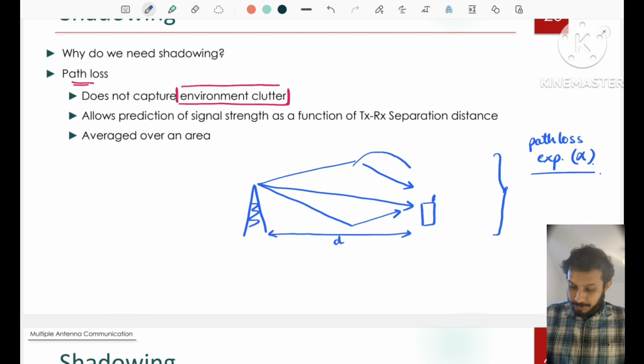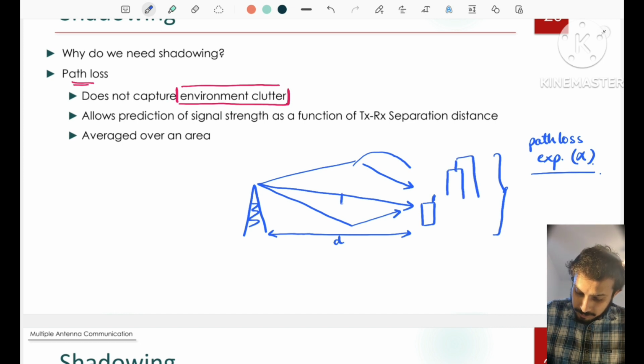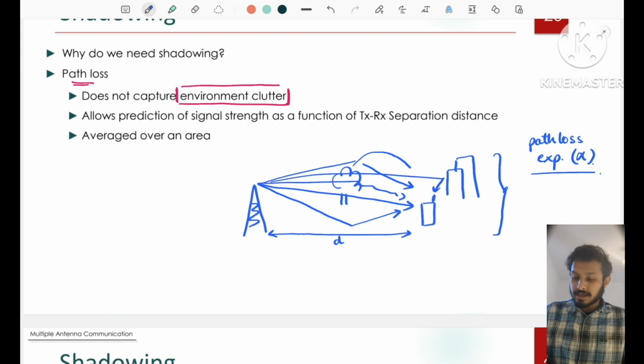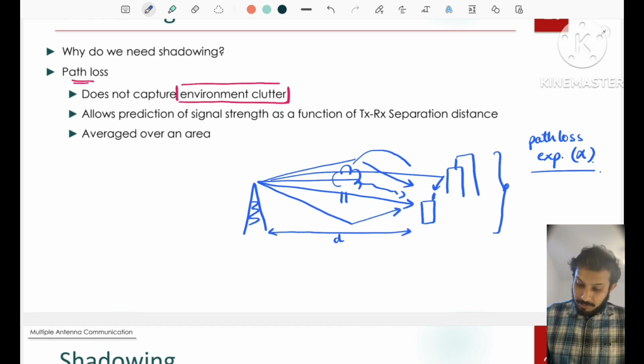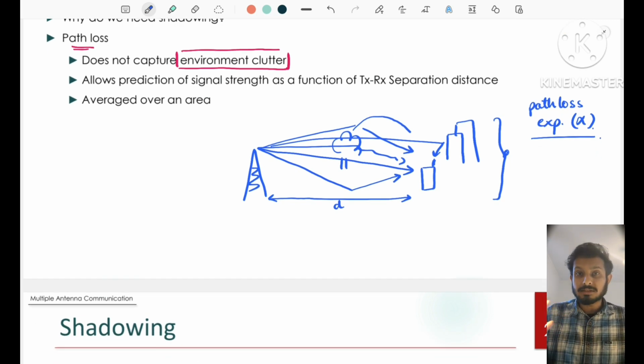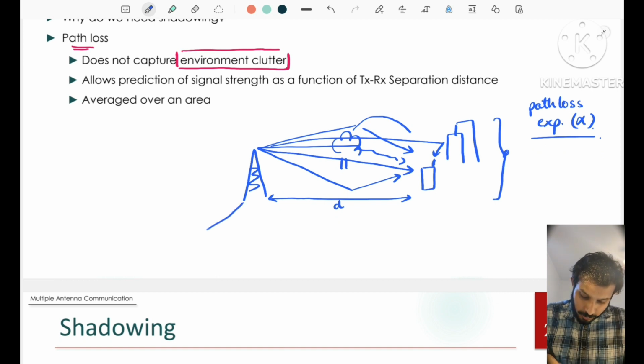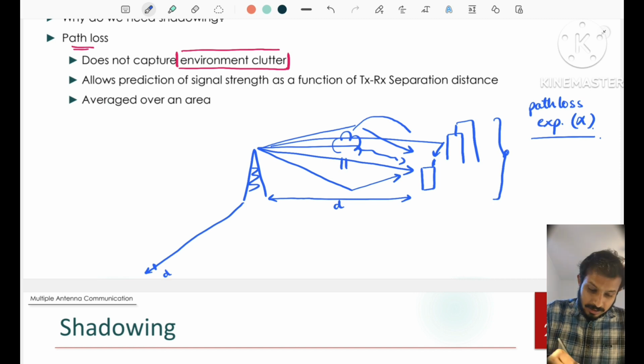Now if we go beyond, and consider there are some buildings and some trees, and now there are scattered paths and more reflected paths, in this case the path loss exponent may be different, but that is captured by the path loss model. However, if we go in some other direction at the same distance d, the environment may be different.